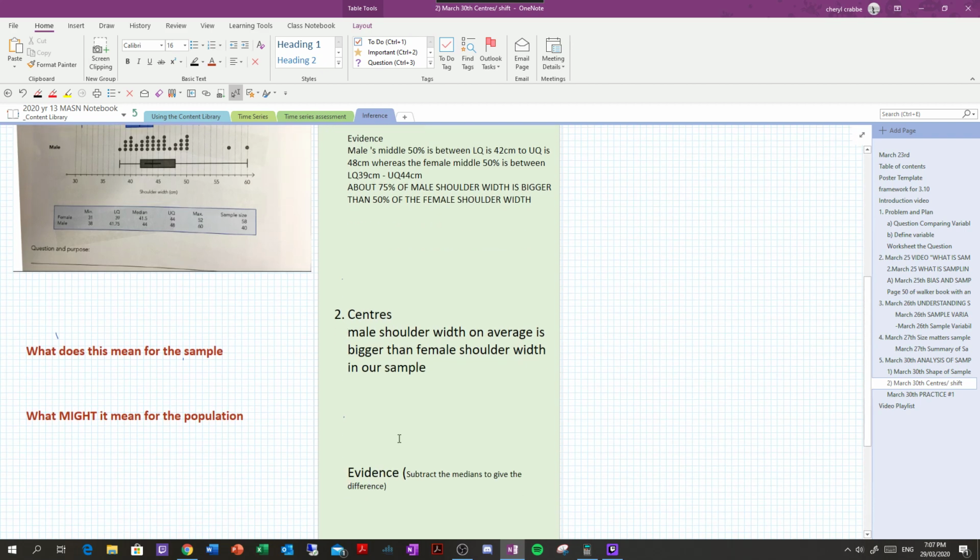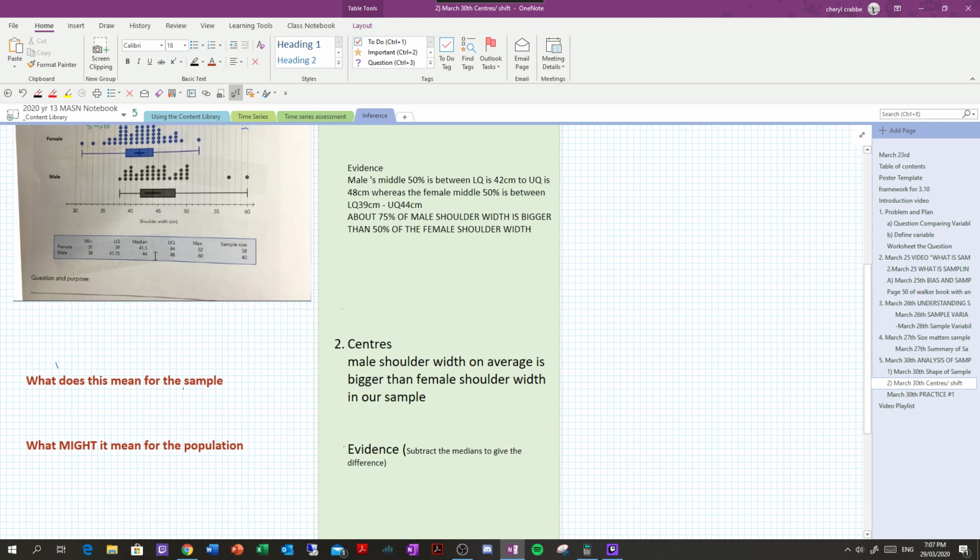Now, what's your evidence? So basically the evidence becomes just the difference. What's the difference? You would just subtract. So the male's is 44 minus 41.5 equals 2.5.